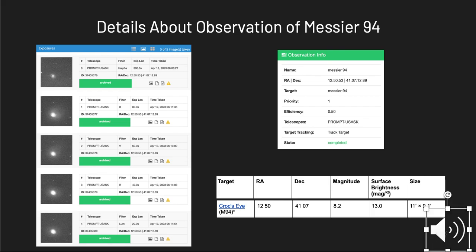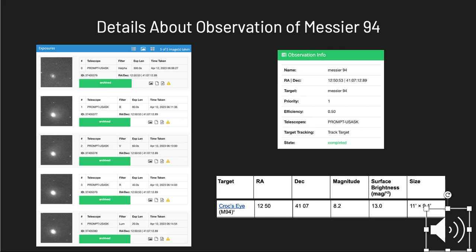A few other details about the observation that my group placed on Skynet about Croc's Eye is depicted on this page. There's a few different images that depict different information, such as the exposure length, the different types of filters used, the target tracking, and other things such as RA and declination.